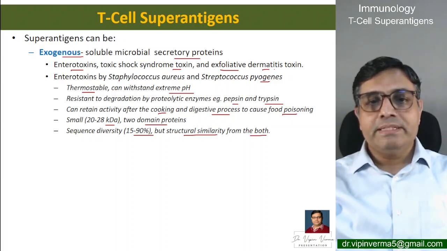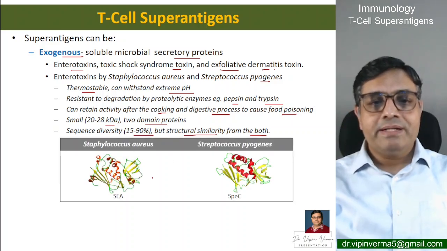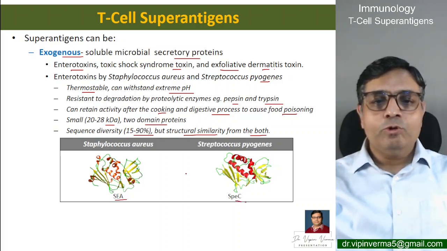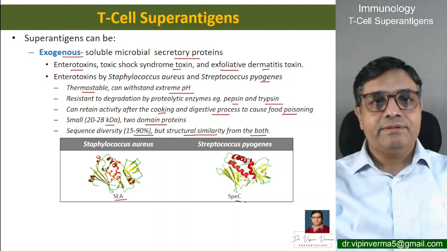So if you compare Staphylococcus aureus or Streptococcus pyogenes, they are structurally similar, although they have sequence diversity. So you compare here, this is the Staphylococcus aureus SEA protein, and this is the Streptococcus pyogenes SPEC protein. You can see, although they are from two different sources, they are still structurally similar. So you can see here the helices and the beta sheets. Okay.